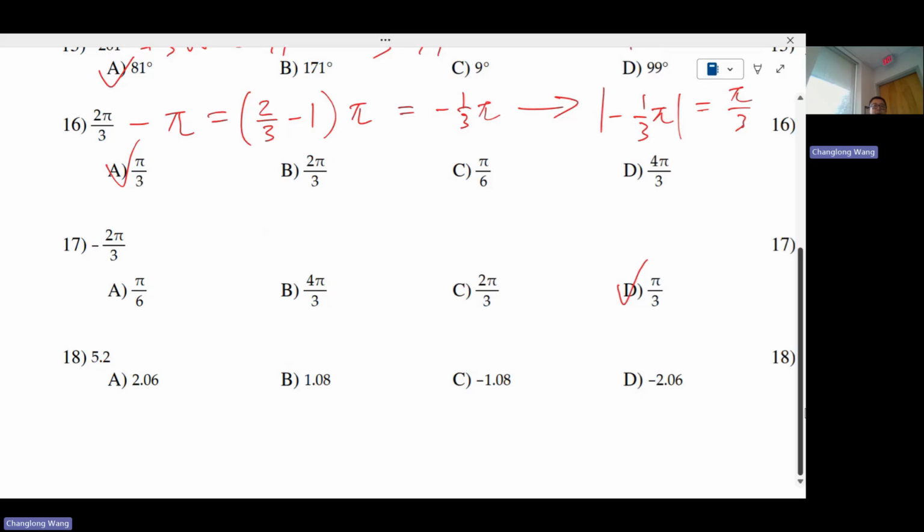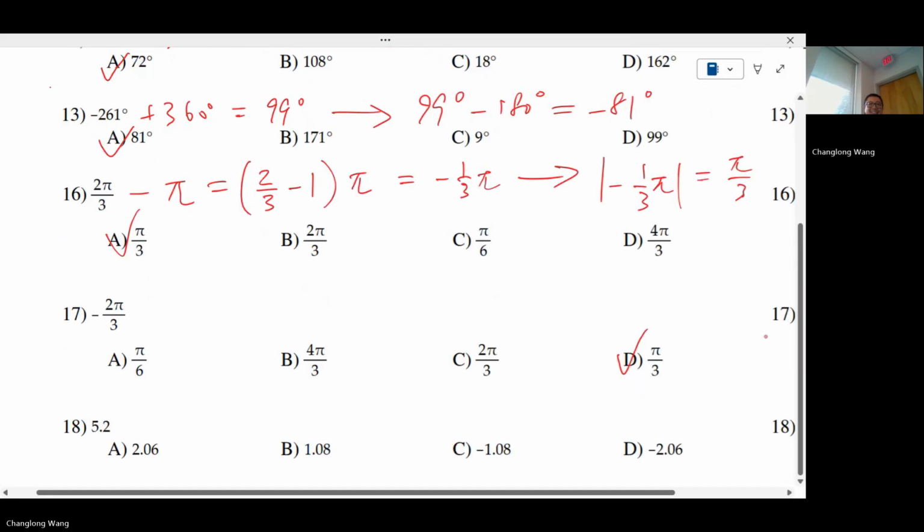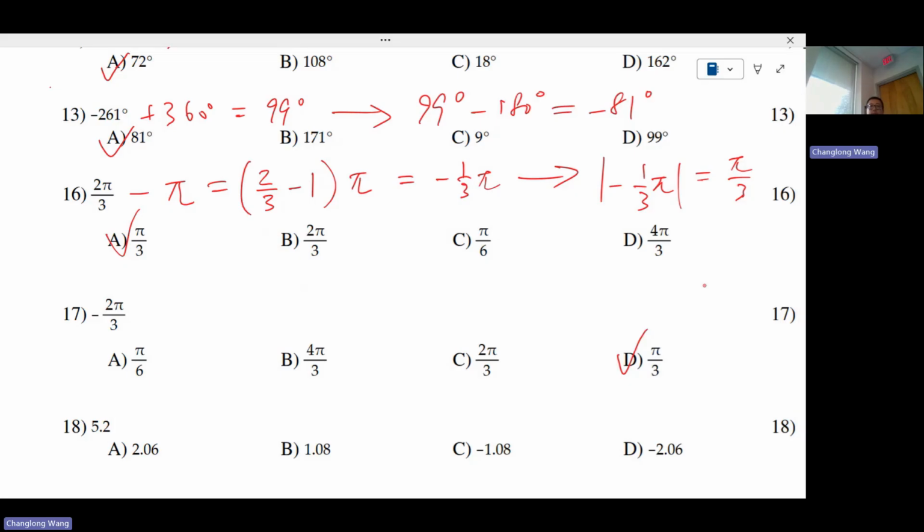All right, anyone figured out a way to explain to all of us why positive 2 pi over 3 and negative 2 pi over 3 must have the same exact reference angle? Okay, and how would you get a negative if you have negative 2 pi over 3?